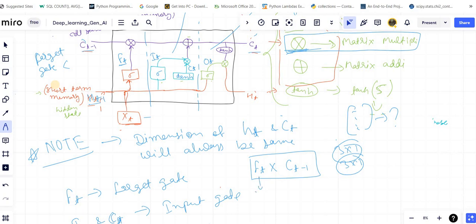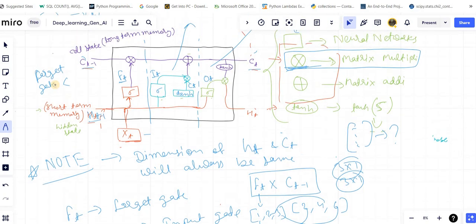If suppose the ft value is 1, 2 and 3, the pointwise operation means each value gets multiplied, not the way matrix multiplication happens. And ct minus 1 is, say, 2, 4 and 6. So this one to this one, this one to this one, and this one to this one. And if it is addition, how will the addition happen?